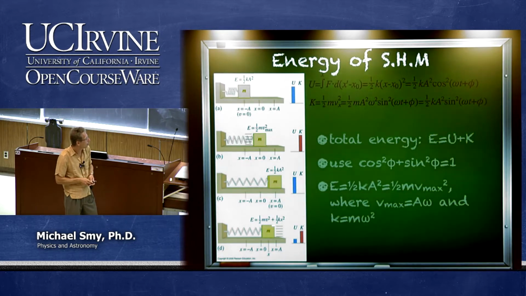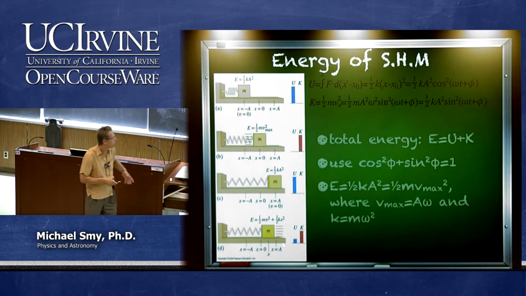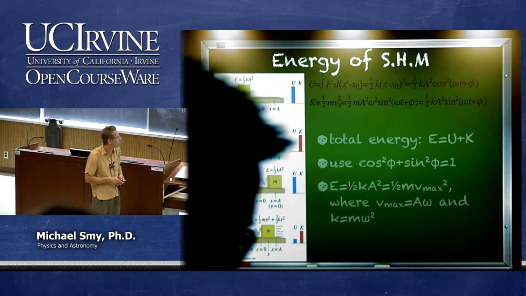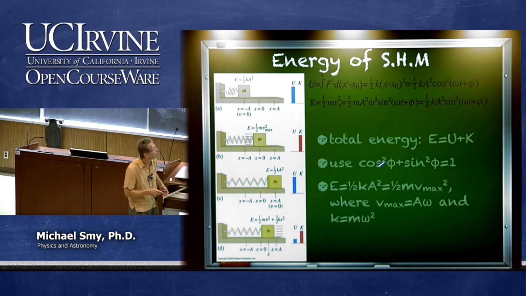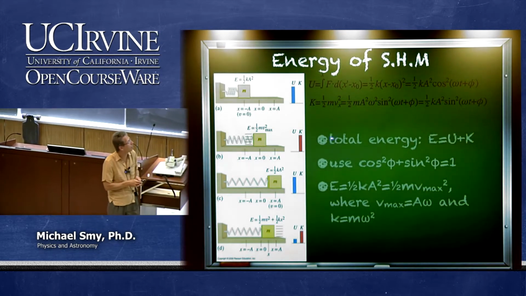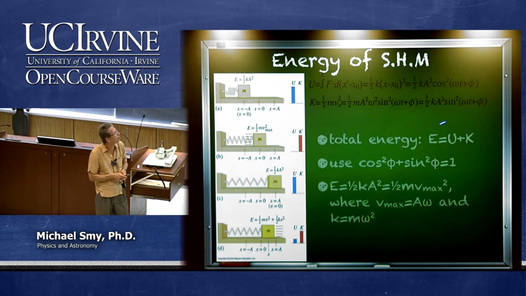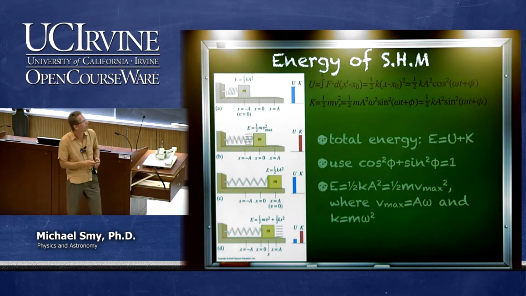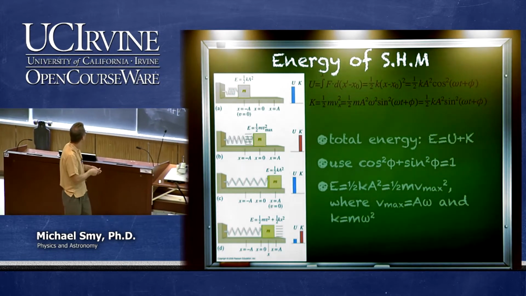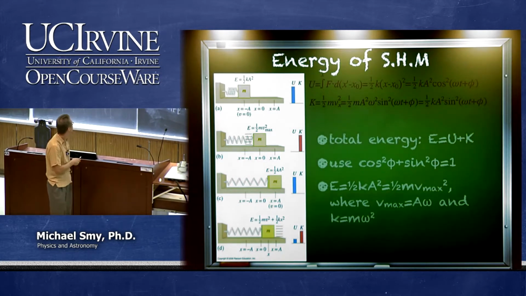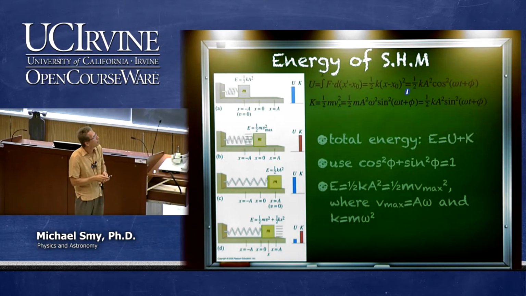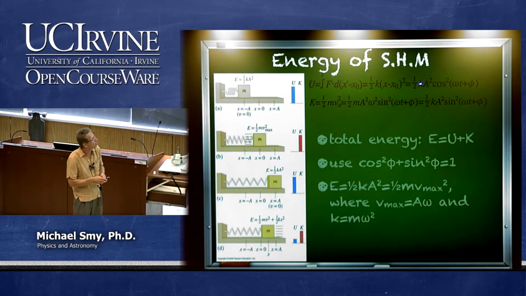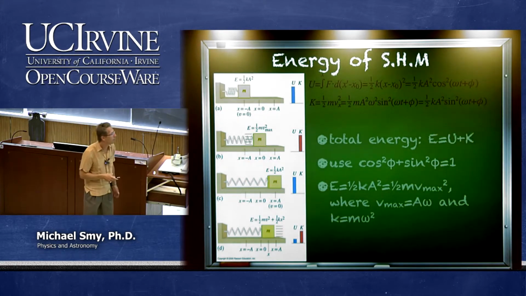And then it travels back, and for example, to some distance x, there's some potential energy and some kinetic energy. Of course, the total energy is the sum of the potential and the kinetic energy. And using again this relation, cosine squared plus sine squared equals 1, if we add those two equations, we just end up with 1/2 k A squared.